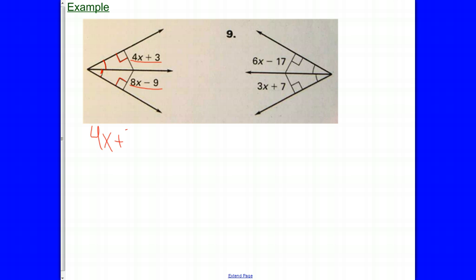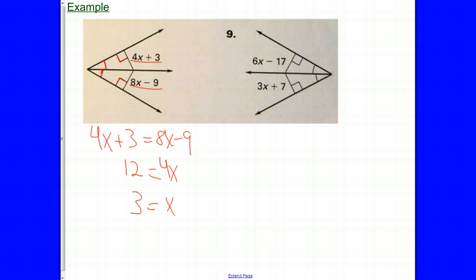Okay, 4x plus 3 equals 8x minus 9. All right, we have an angle bisector, so as long as we're going perpendicular to those sides, those two distances are going to be the same. And then just basic algebra from the setup here. Subtract 4x from both sides, add 9 to both sides, divide by 4.